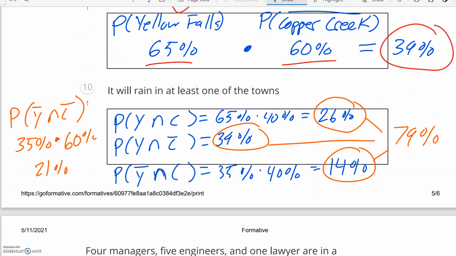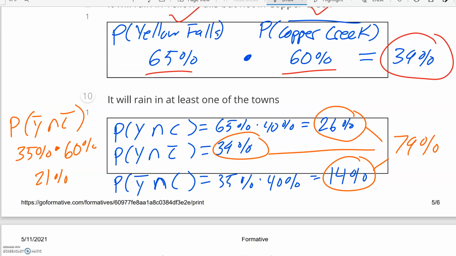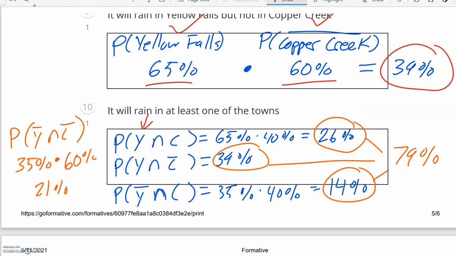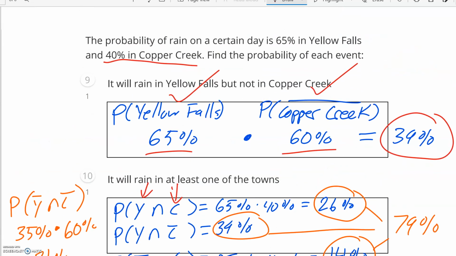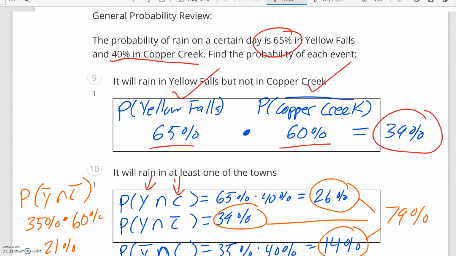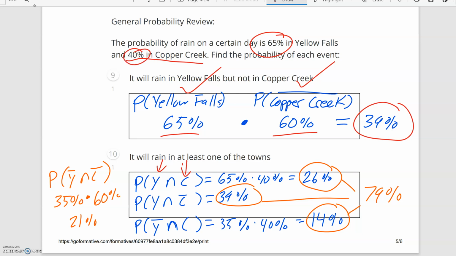Number 10, it's saying it will rain in at least one of the towns. There are 2 ways you could go about this. One, I can calculate the probability of it raining in Yellow Falls and in Copper Creek. Multiplying 75% times the probability in Copper Creek gives you 26%. Then the probability of it raining in Yellow Falls and not in Copper Creek is the same 39% I got here.